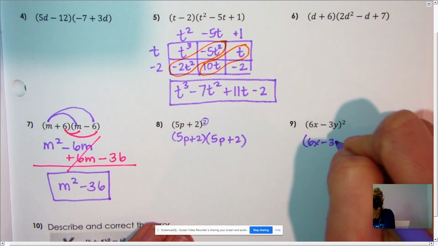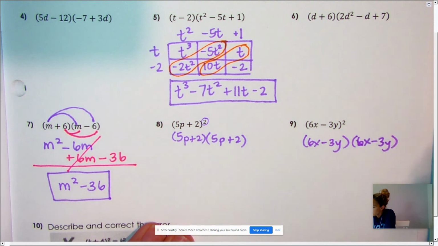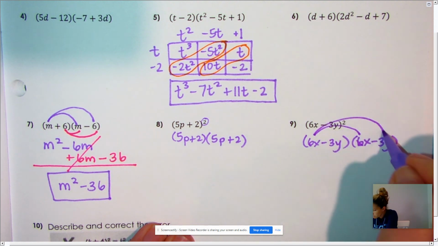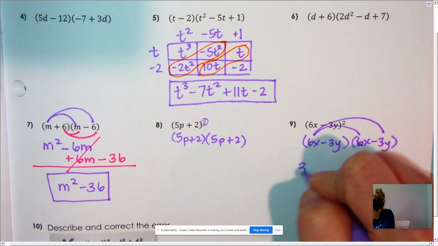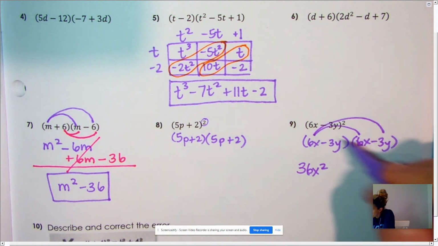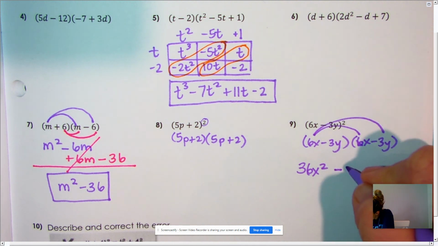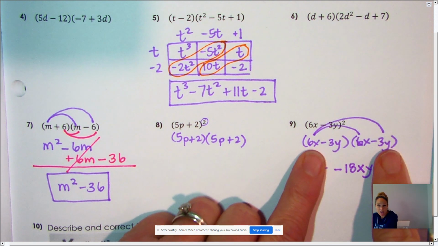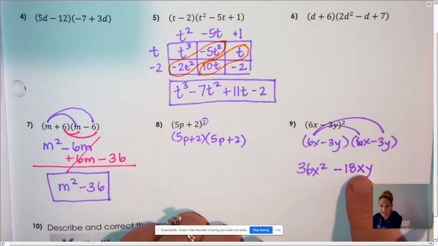6x minus 3y times 6x minus 3y. So I'm going to do repeated distribution for this one. So I have 6x times 6x is 36x squared. 6x times negative 3y would be negative 18xy. Anytime there's 2 letters being multiplied, we write them in alphabetical order and we just stick them right next to each other.